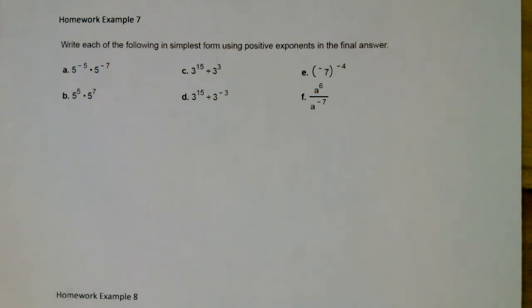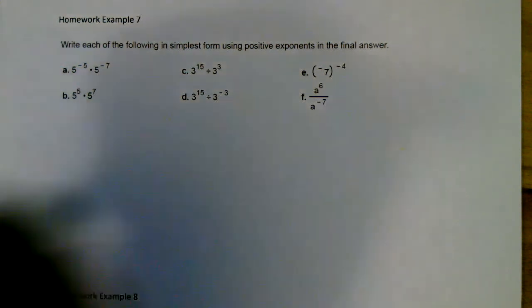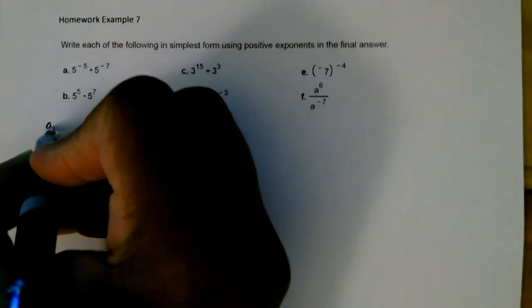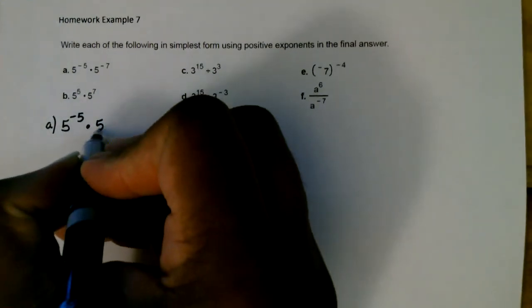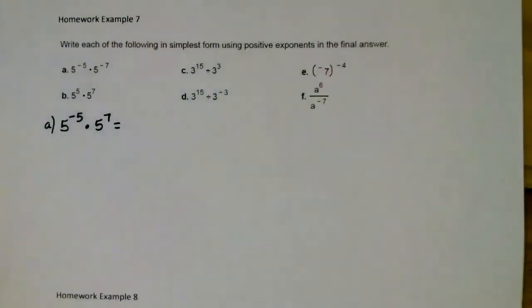So in this case here, for 5 to the negative 5 times 5 to the negative 7.